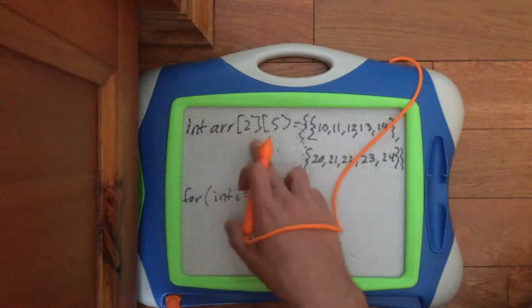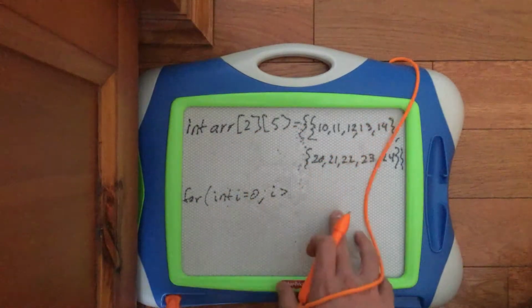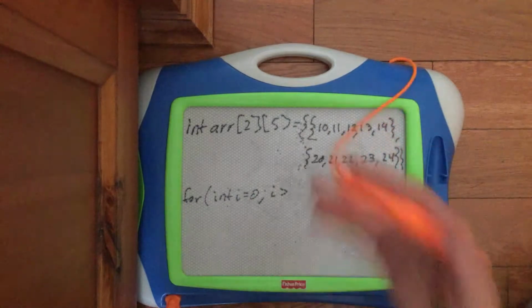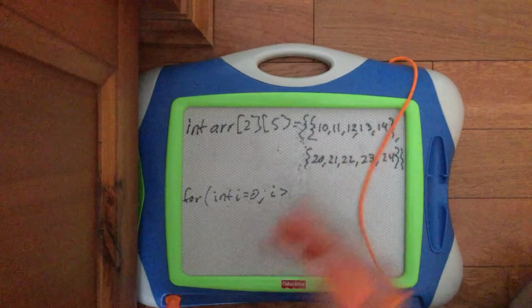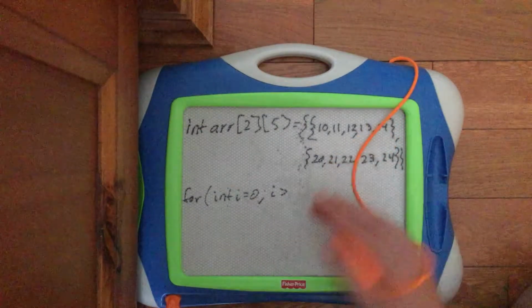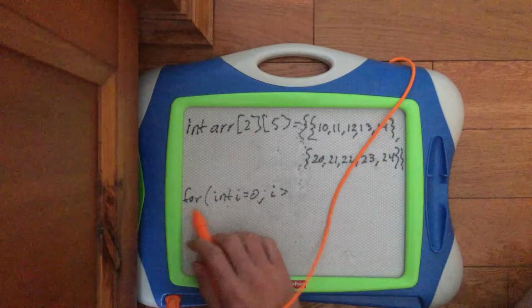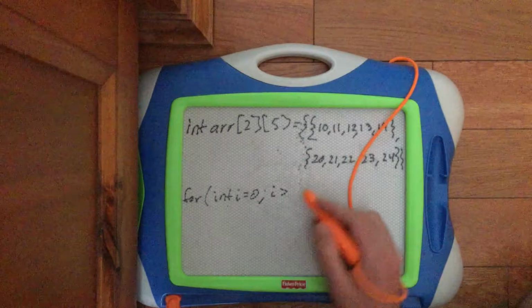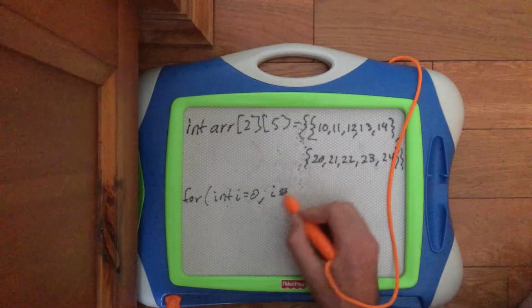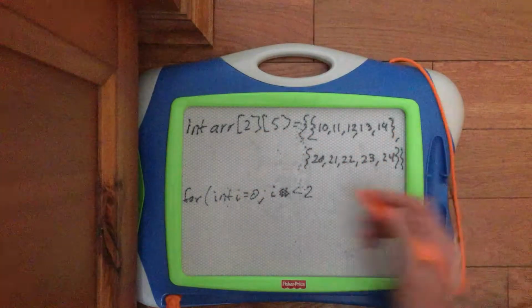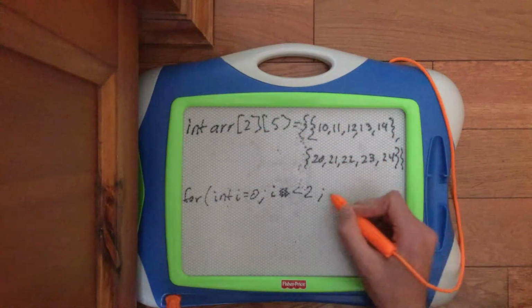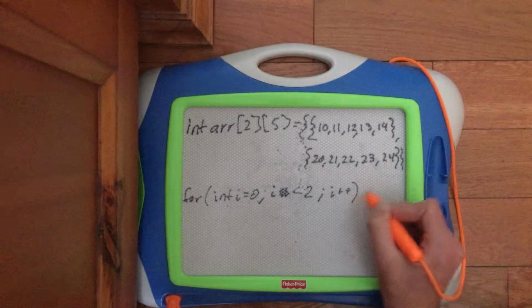You could do array[j][i] and keep i in this order, but it's better to practice doing this one way over and over rather than to experiment with different methods, because they all do the same thing in the end. So here I prefer to do for int i equals 0, i is less than, or sorry, not greater than, less than 2, whatever number of elements you have, and then same update.